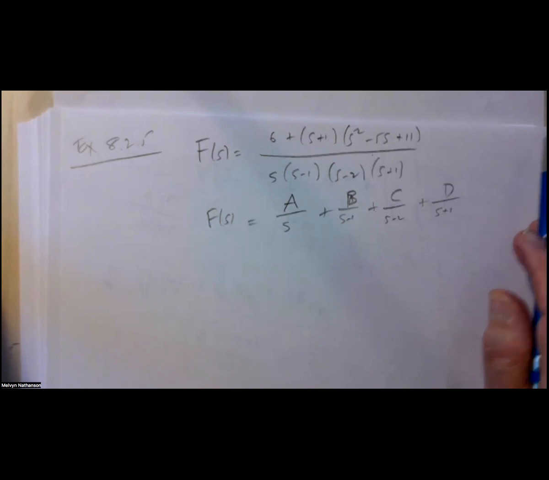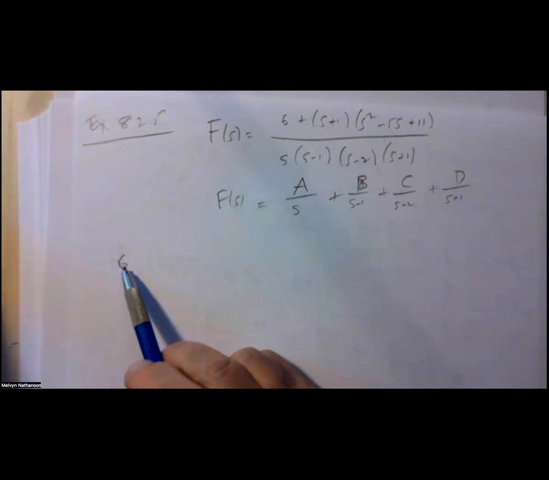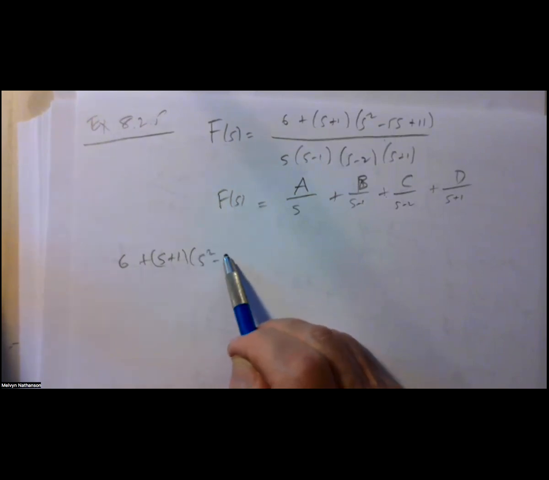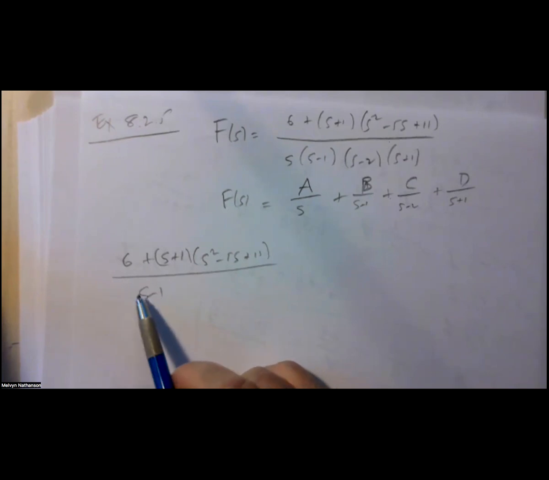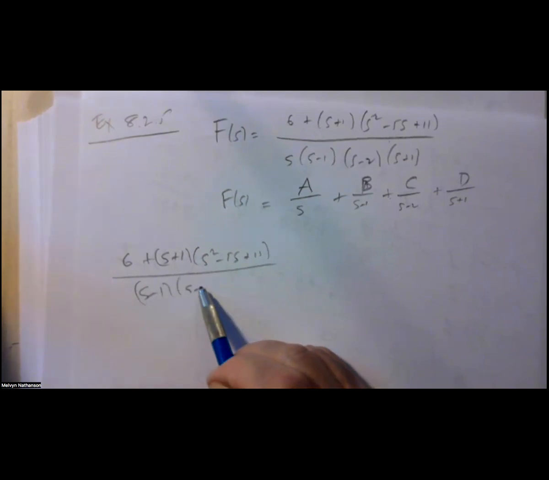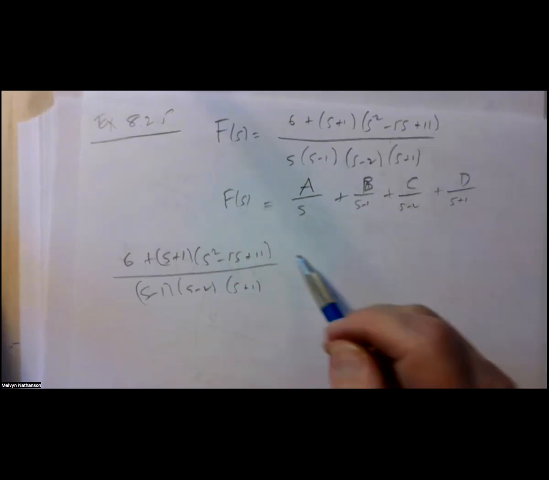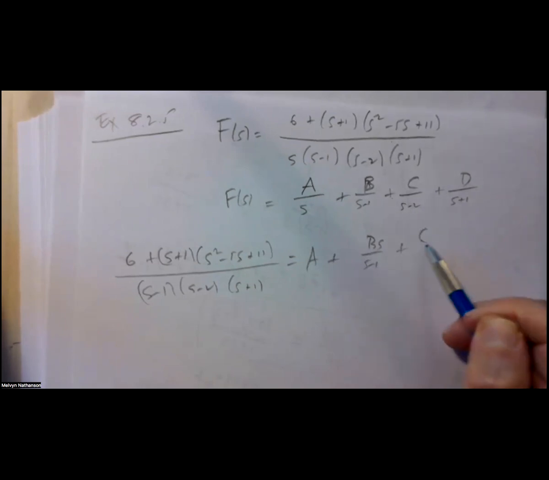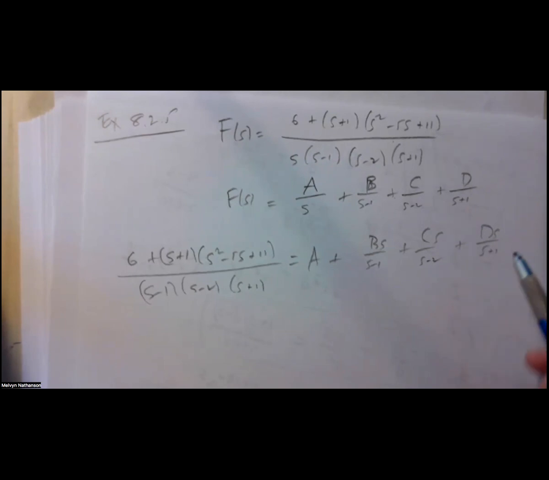If you multiply through by s, you get on the left (6 + (s+1)(s² - 5s + 11)) over (s-1)(s-2)(s+1). When you multiply all this by s, you get A plus Bs over s - 1, Cs over s - 2, Ds over s + 1.